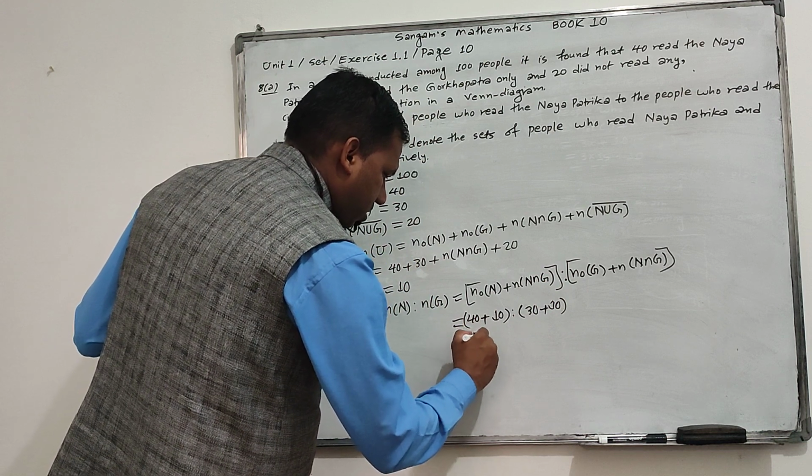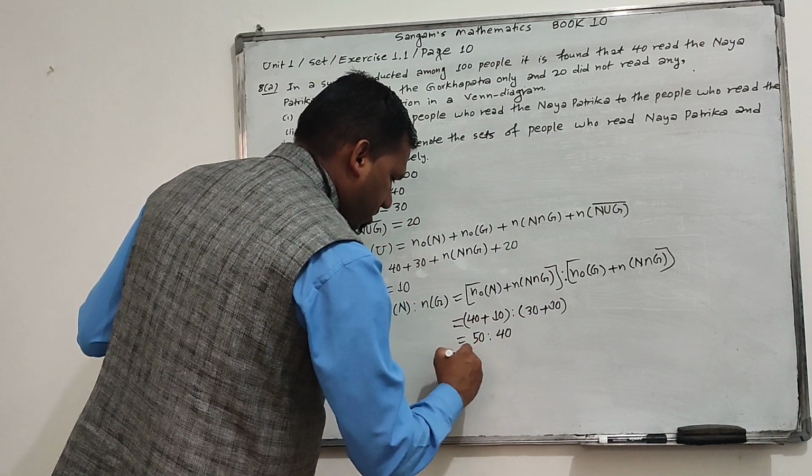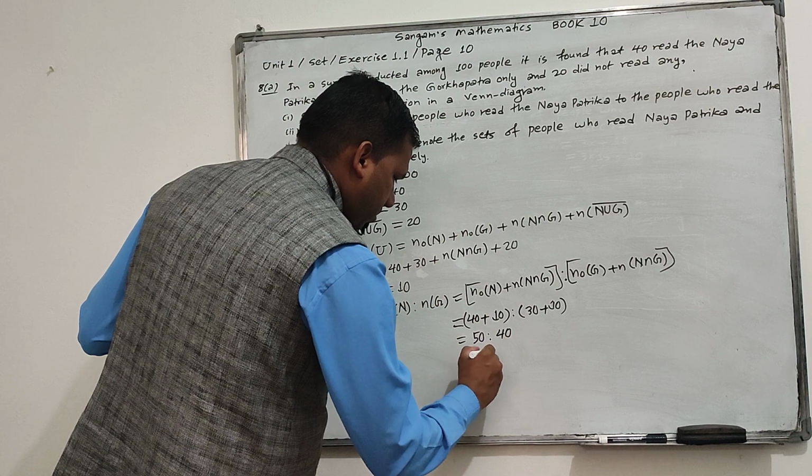That is 50 is to 40, equal to 5 is to 4.